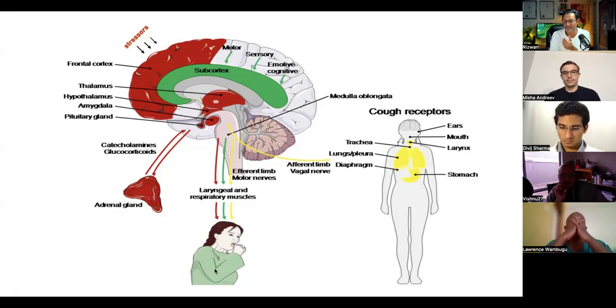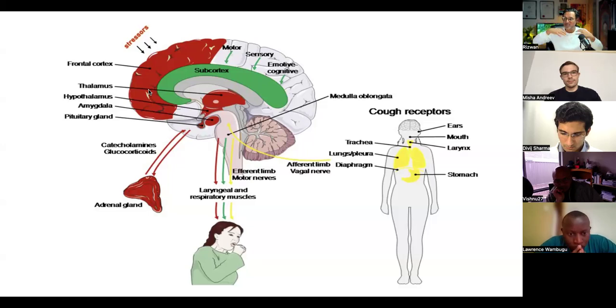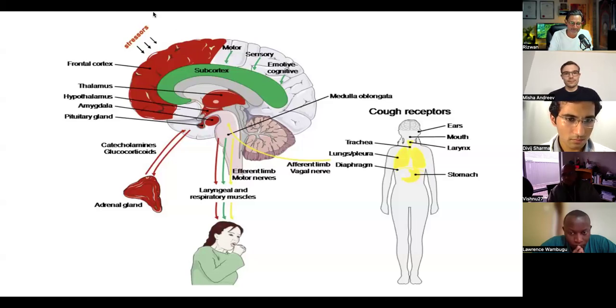And that is what's causing the cough. It's the stressor triggering the brain. It has got nothing to do with an organic pathology of the lung. It's the brain triggering the brainstem, causing the cough and recurrent coughs.